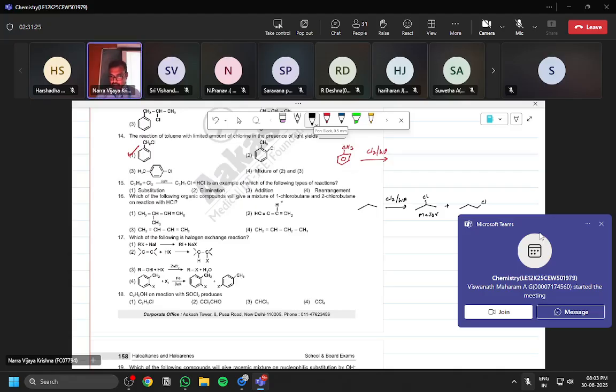Gives a mixture of 1 chloro and 2 chloro on reaction with HCl. This is an example of which type of reaction? Answer is radical substitution reaction. Next one. Which of the following organic compounds will give 1 chlorobutane and 2 chlorobutane on reaction with HCl? 1 chloro and 2 chloro.